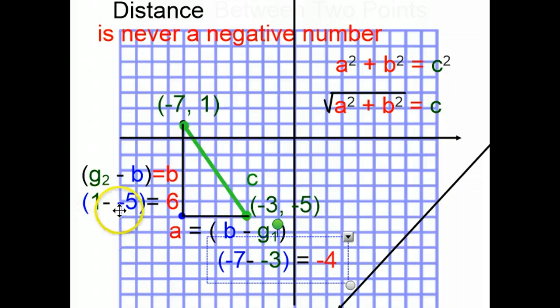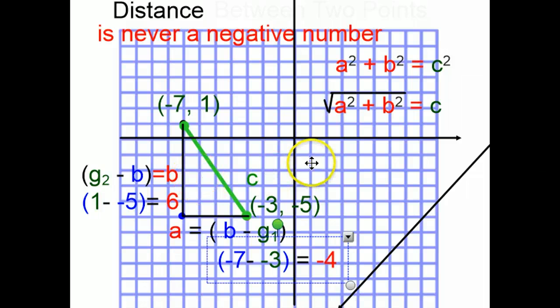So when we do 1 minus -5, we get 6, or -5 minus 1, we get -6. And over here, we take a look at how far apart these are on the x-axis. Well, this blue coordinate is at -7 on the x-axis, and this green coordinate is at -3 on the x-axis. So when I take a look at their difference, -7 minus -3 is -4.